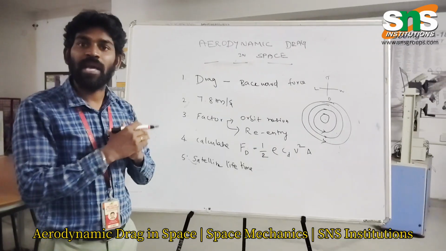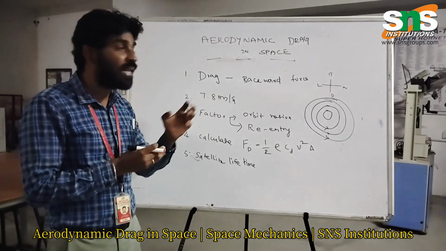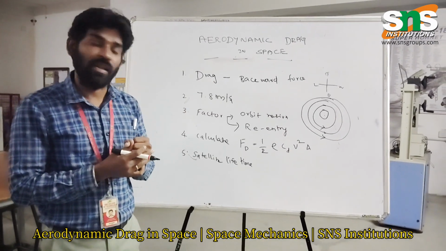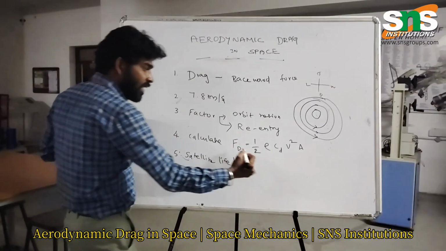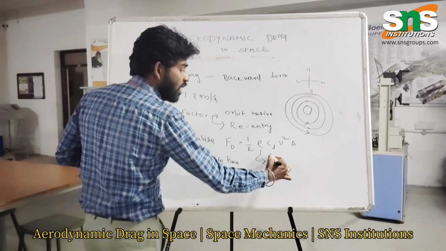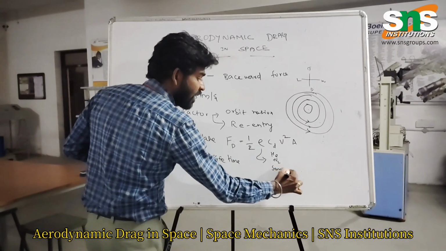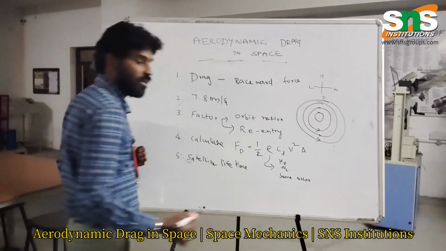So this is the major factor, dependent on aerodynamic drag on the space vehicle and the density of the air, which may be helium, nitrogen or some other gases encountered here.